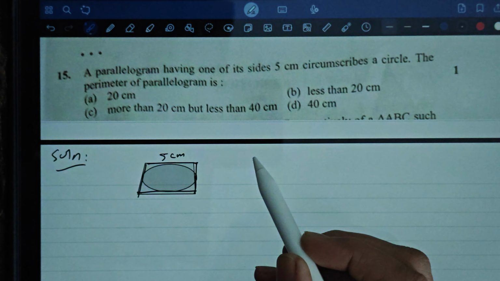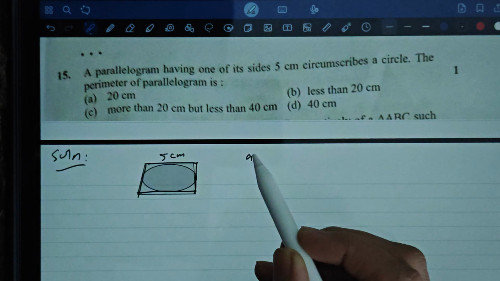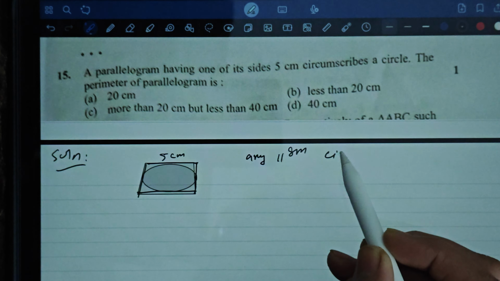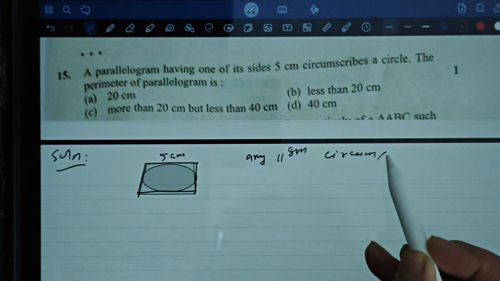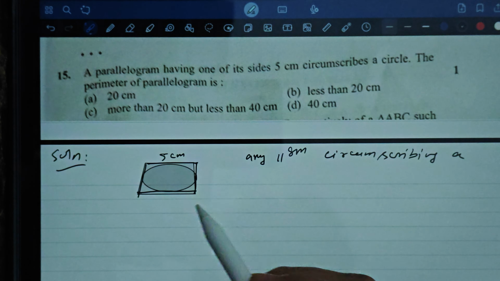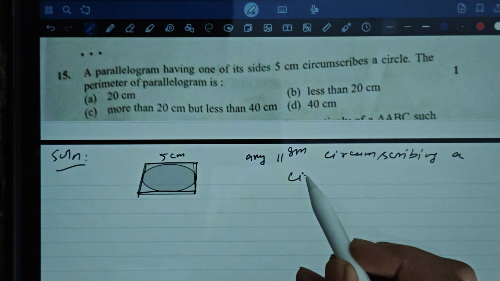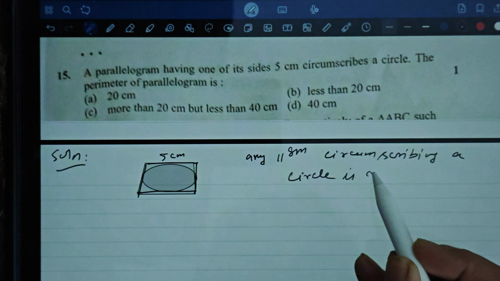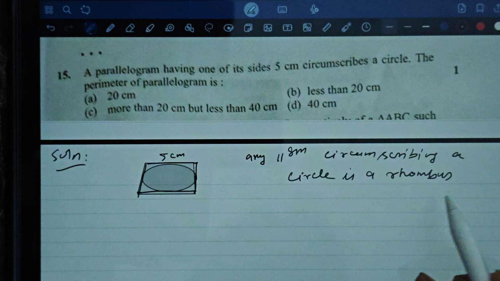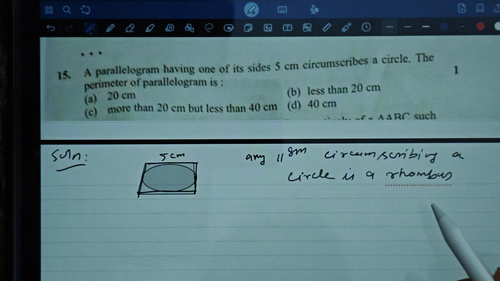Now you know that any parallelogram circumscribing a circle is a rhombus. This I have proved in the previous video.